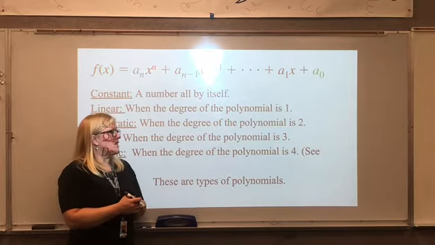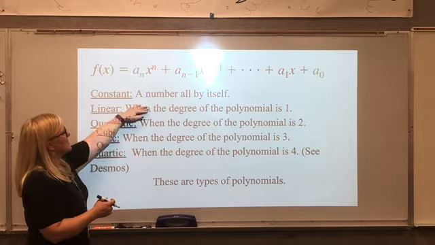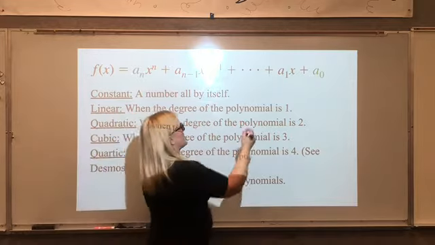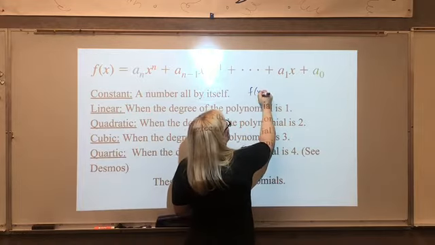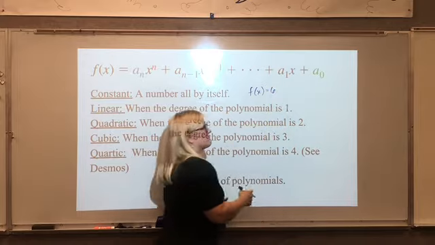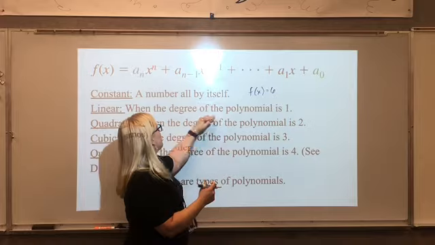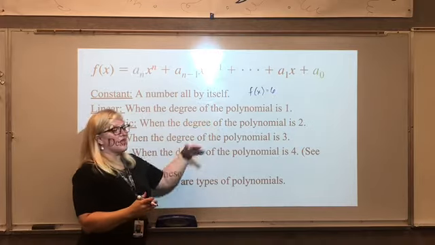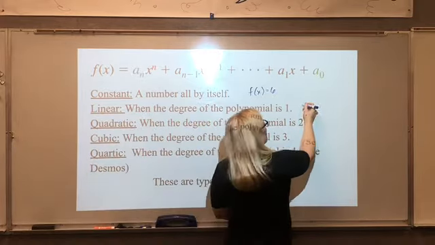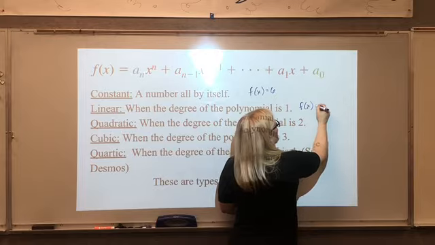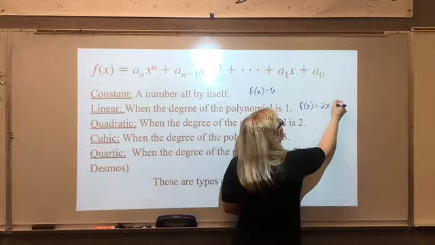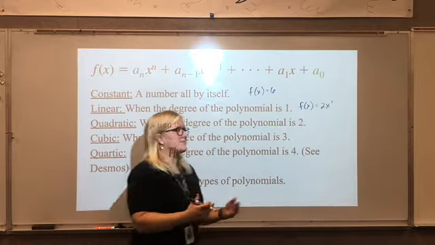So if we have a constant, that's something like f of x equals 6. That's a constant function. Okay, linear is when the degree of the polynomial is 1. So we could write that like 2x to the first power.